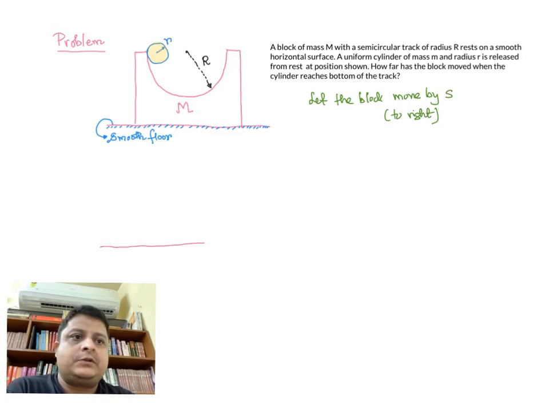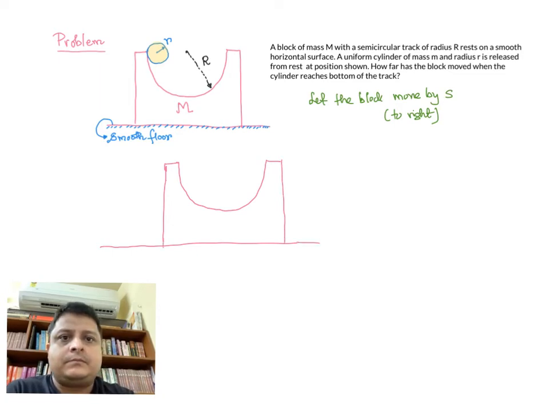So let us draw a figure below, the final position. This is the cylinder, the final position of the cylinder having radius r.